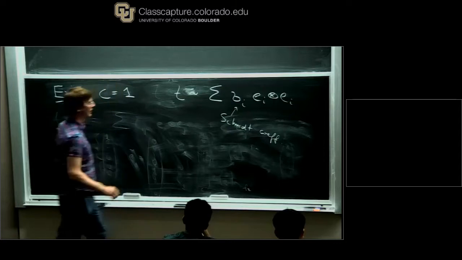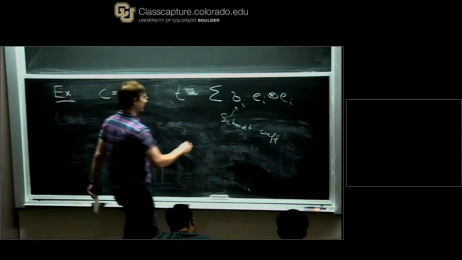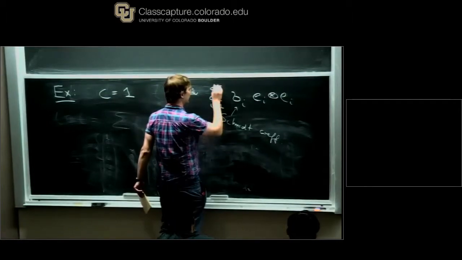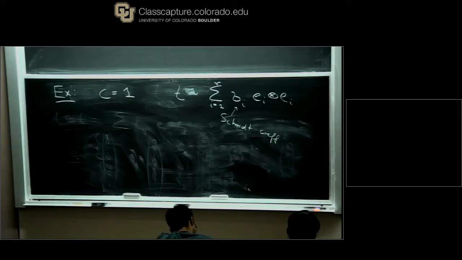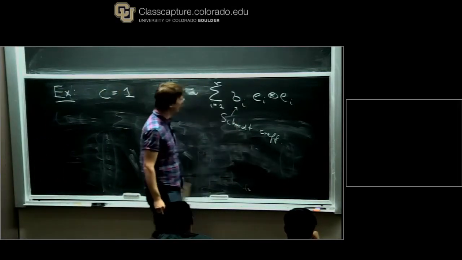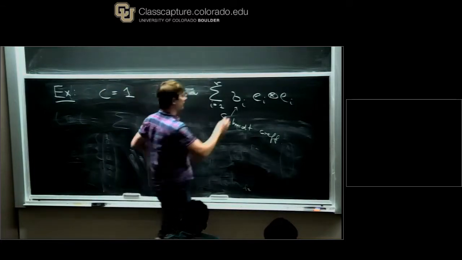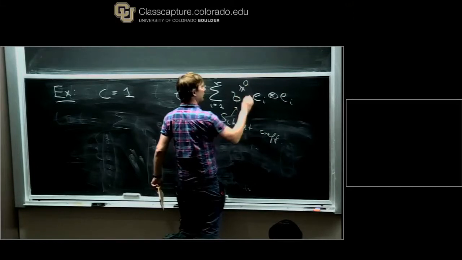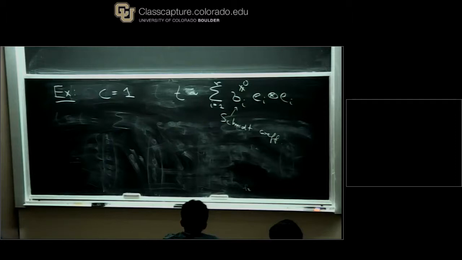This sum goes from 1 to R, where R is the so-called Schmidt rank of the state. Notice that I chose the R so that all of these numbers here are non-zero, because I only sum up to the Schmidt rank of the state.